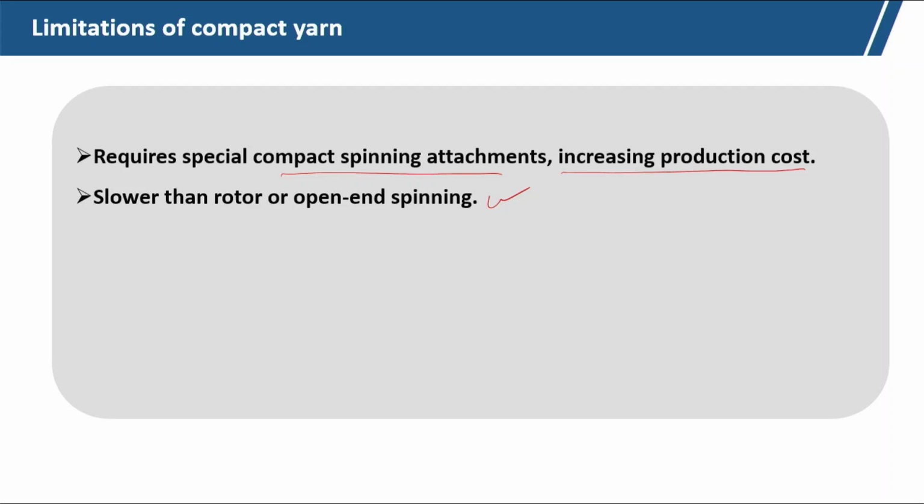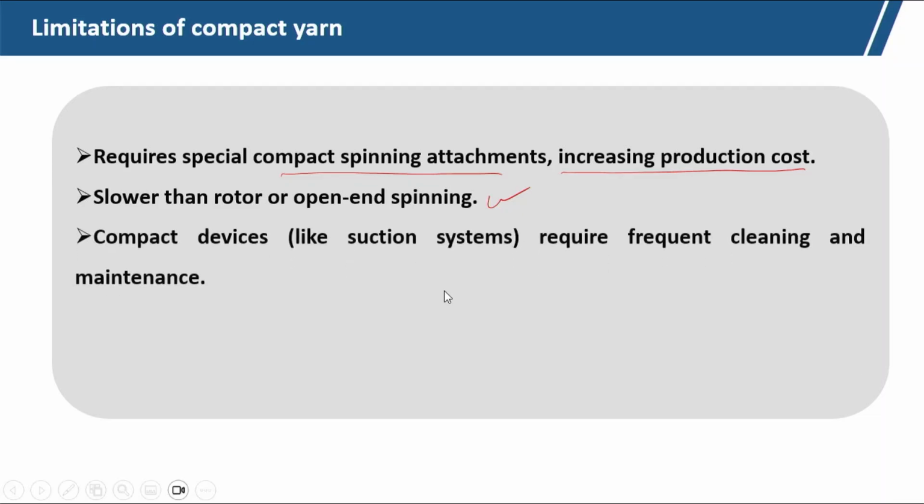Whatever disadvantages there are as far as productivity is concerned, it is there, because the same ring traveler zone will be there here. Also, the suction system requires frequent cleaning.